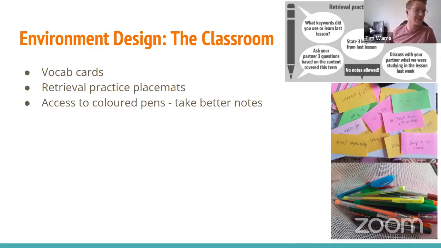So I've just got a big bag of colored pens. And I say to them, have you got a colored pen? Like a different colored pen, not a normal writing pen, so that they can annotate their notes, so they can underline things, so they can write the translation or a synonym in a different color, to make their notes easier to read. And I give them out and I expect them back at the end of the class.